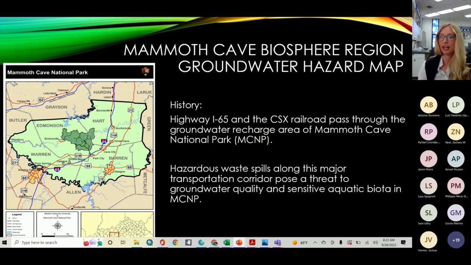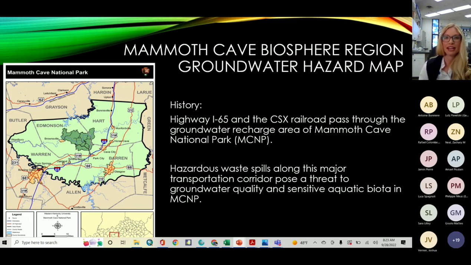The development of the groundwater hazard map was motivated rather by massive releases of fuel that went directly onto the ground surface. Because this was in a very karstified environment, the lost fuel rapidly infiltrated the ground surface through that shallow soluble limestone layer and was never recovered.